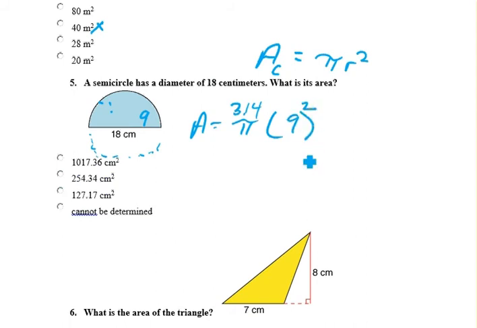Remember order of operations: parentheses, there's nothing in the parentheses. This says pi times r squared, but exponents before multiplication. So then it's going to be pi, 3.14, times 81.